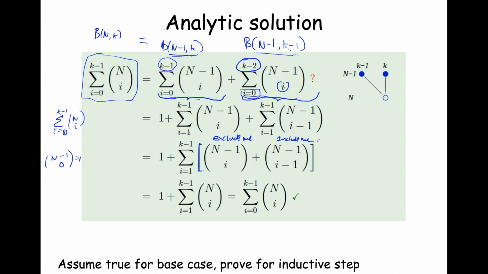So if the team includes me, you're not going to choose i team members. You can choose i minus 1, because I'm going to occupy one of those slots. And of course, you can't use all n, because one of them, myself, was already picked to be in the team. So this is the team includes me, and this is the team excludes me.